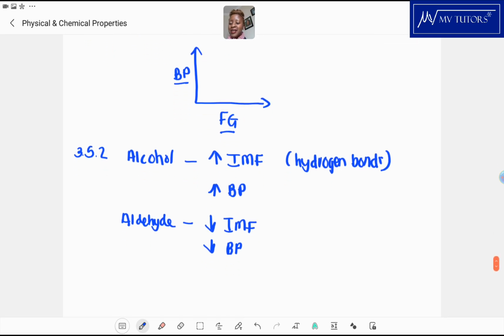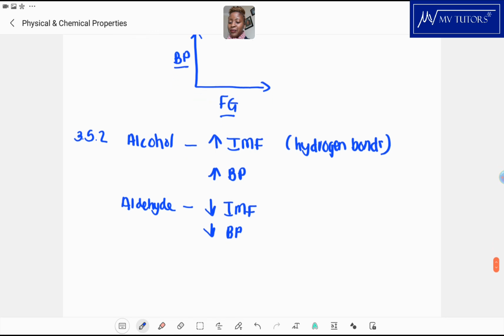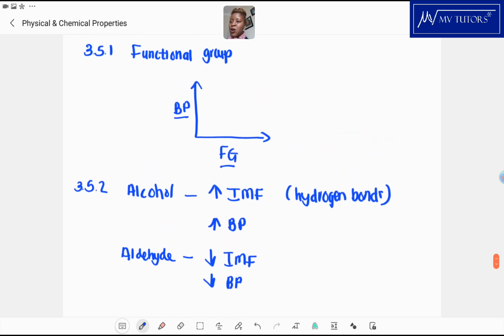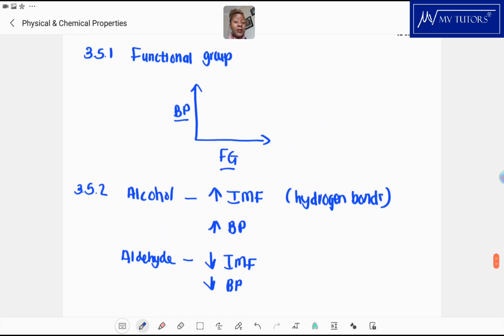What else can I say about it? Well, you could also talk about the energy required to break the bonds. For alcohols, you are going to require high energy to break the bonds apart. But for the aldehyde, you need less energy to break the bonds apart. And that is it.